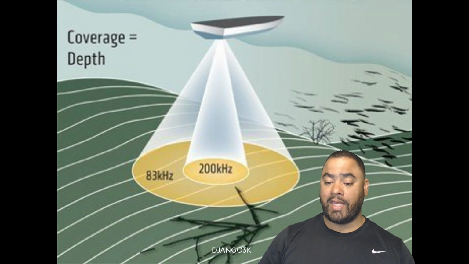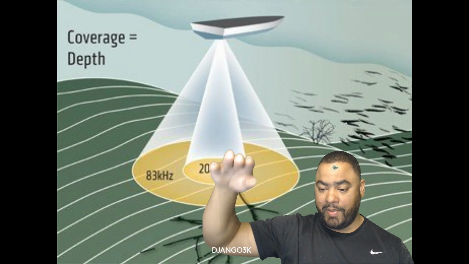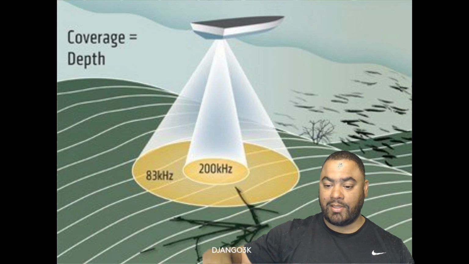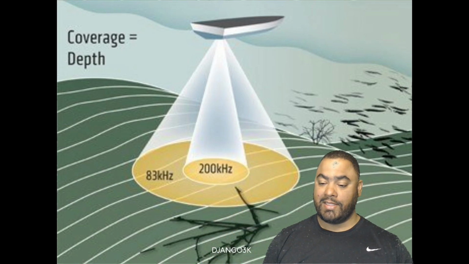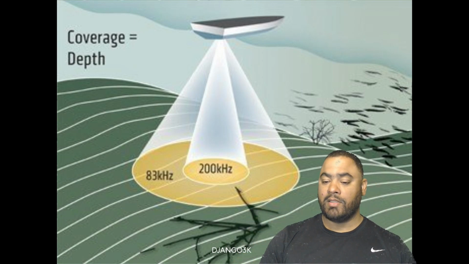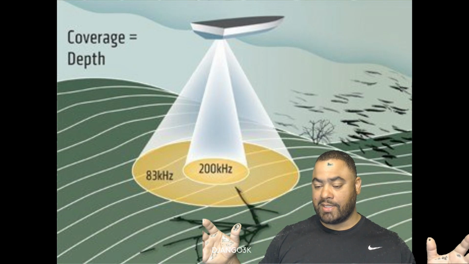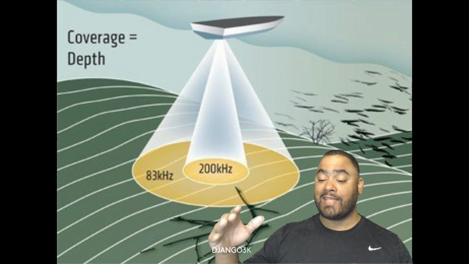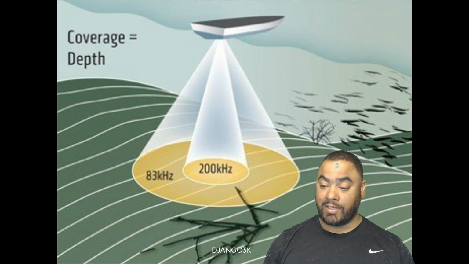A slower signal, 83 kilohertz, pings down but comes back very slowly. The slower the signal, the wider the range it can bring you information. The faster the signal, the smaller the radius.